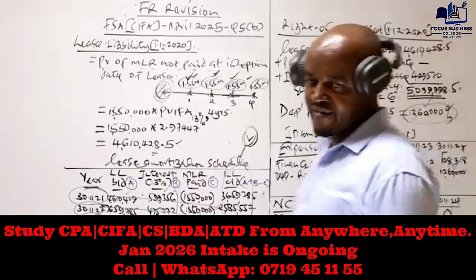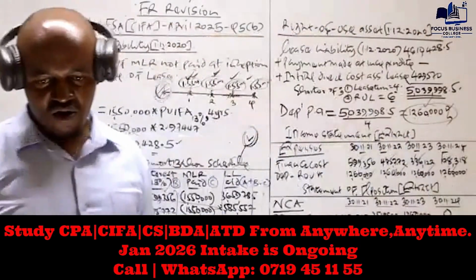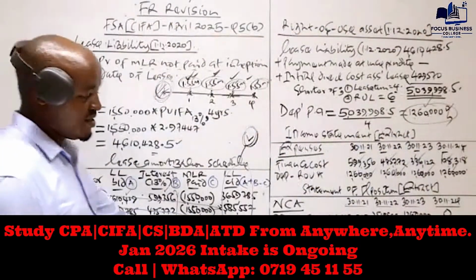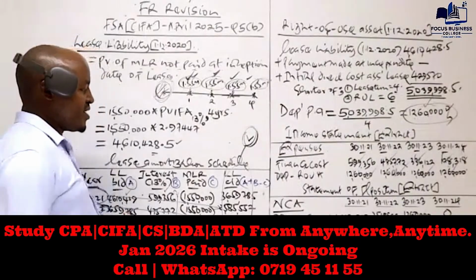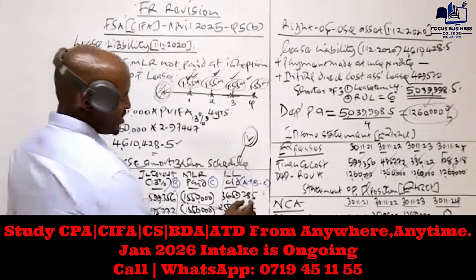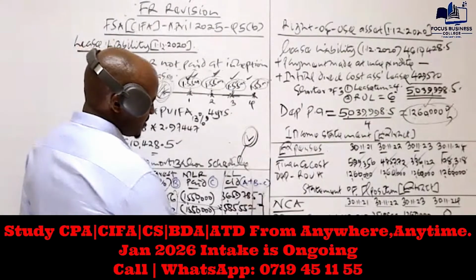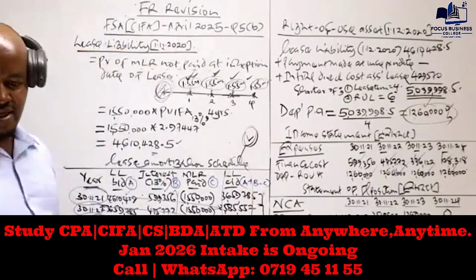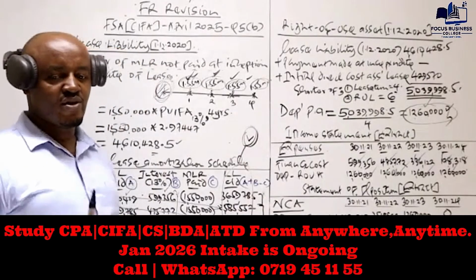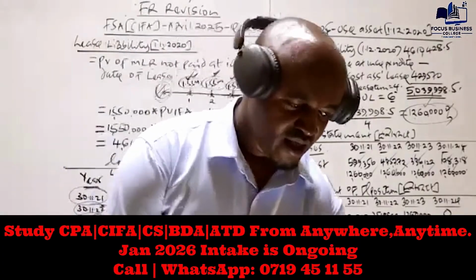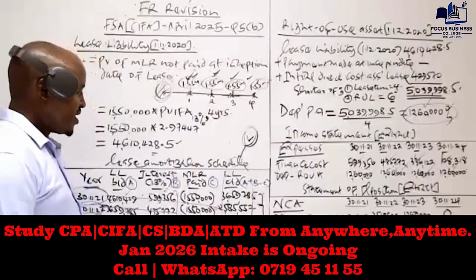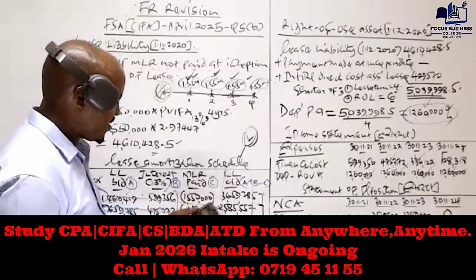Then from there, to determine the amount to be recognized as a current liability, we say this amount is payable within 1 year. And therefore we said we take the decrease, because the decrease basically is the amount which has been paid. The reason why liability reduces is because there was a payment which was made. So let's get the difference between these two values here.